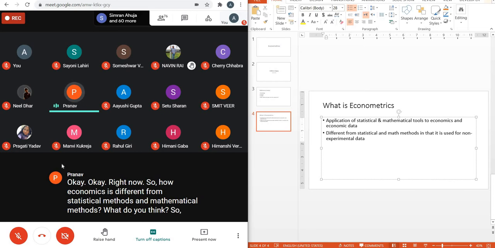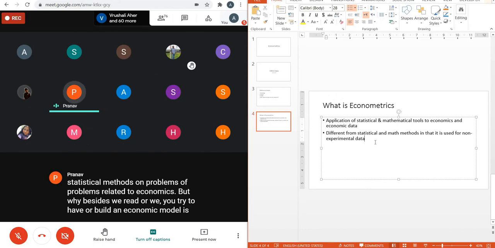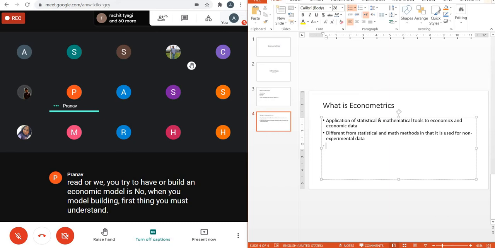Would it suffice for an economist? Almost all the problems related to economics you can solve using statistical methods. But why precisely do we build an econometric model? When you do model building, the first thing you must understand is that whichever model you are building, it must have a proper theoretical content.